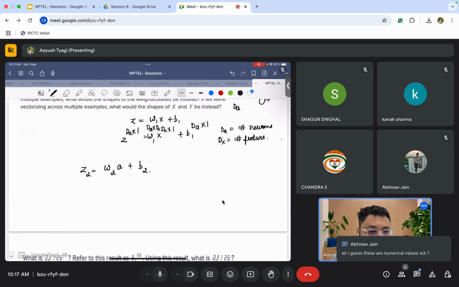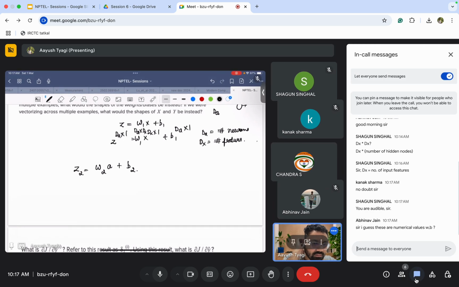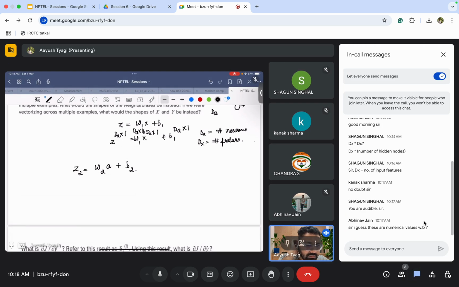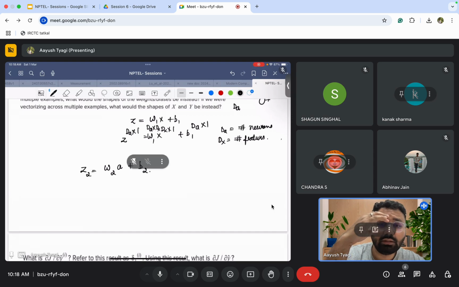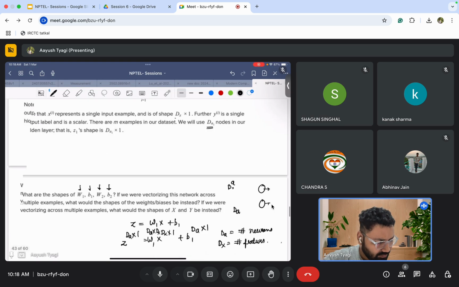Abhinav is saying that these are numerical values, not dimensions. But we are actually looking into the dimensions of these, right? I hope it is clear.